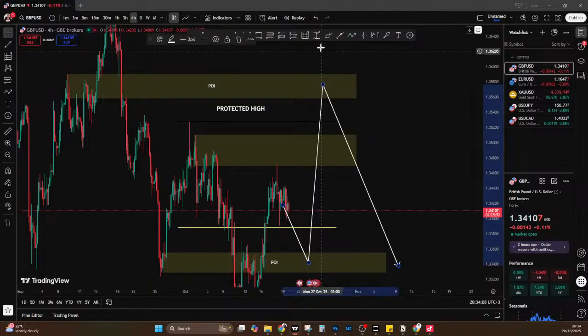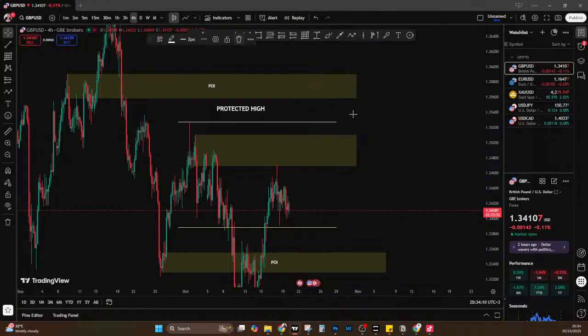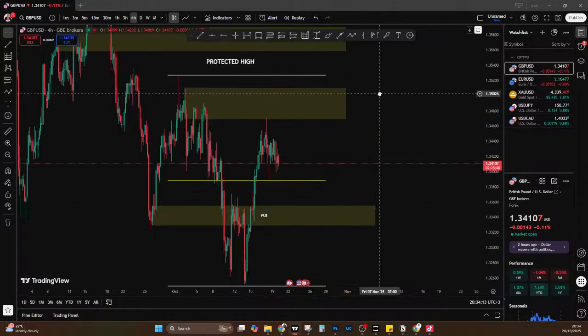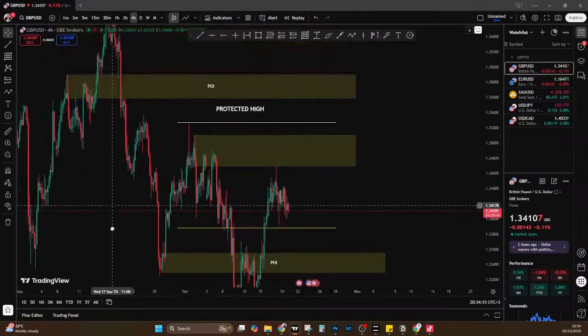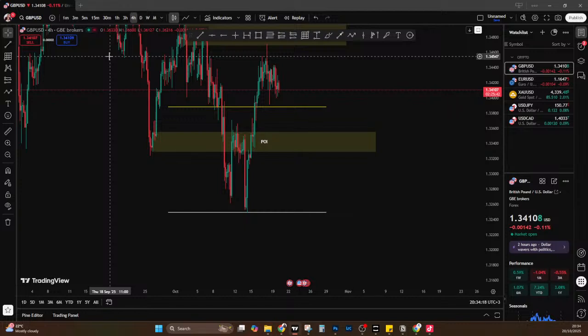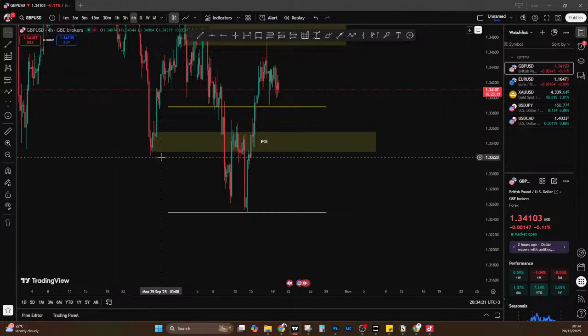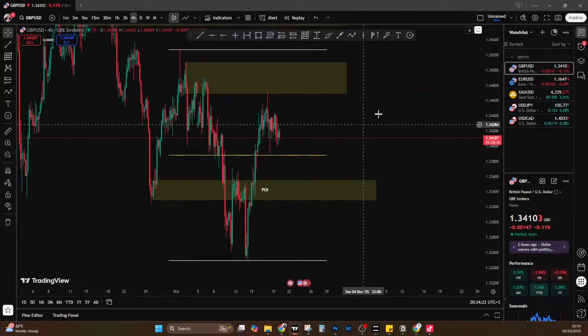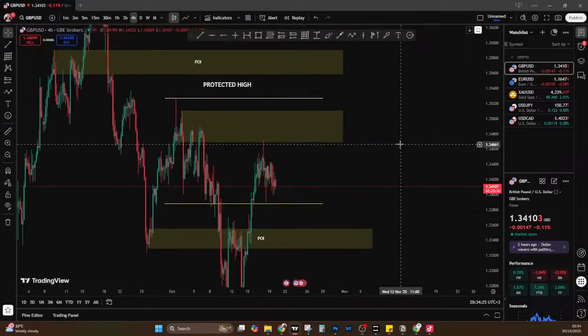And why is that the most probable scenario? Because the market did not break this high, the market broke this low. So, do you understand why we are bearish in GBP/USD? If you got that, please give me a thumbs up so that I know we are together.